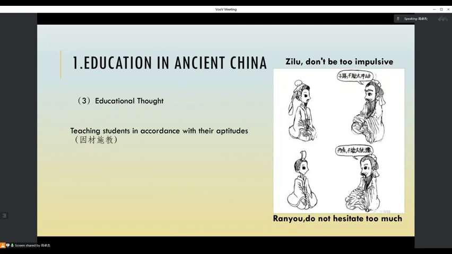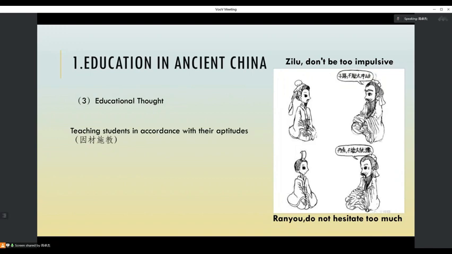Look at this picture. This is a famous story in China. Confucius had two students. One student's nature is impulsive, rude, and the other student hesitates to do something.